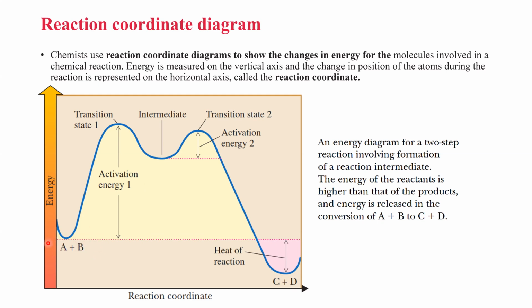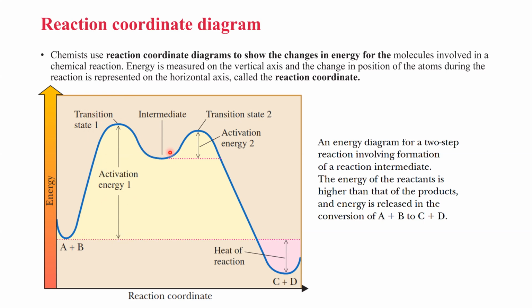Basically, A plus B has passed through some energy barrier, which is called the activation energy, to reach the point where it converts into the product. This activation energy, the first barrier it has covered, is transition state one.